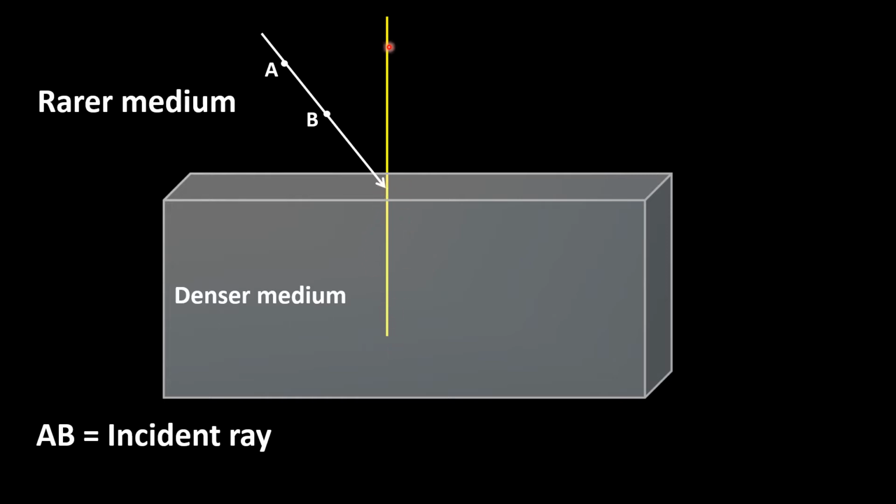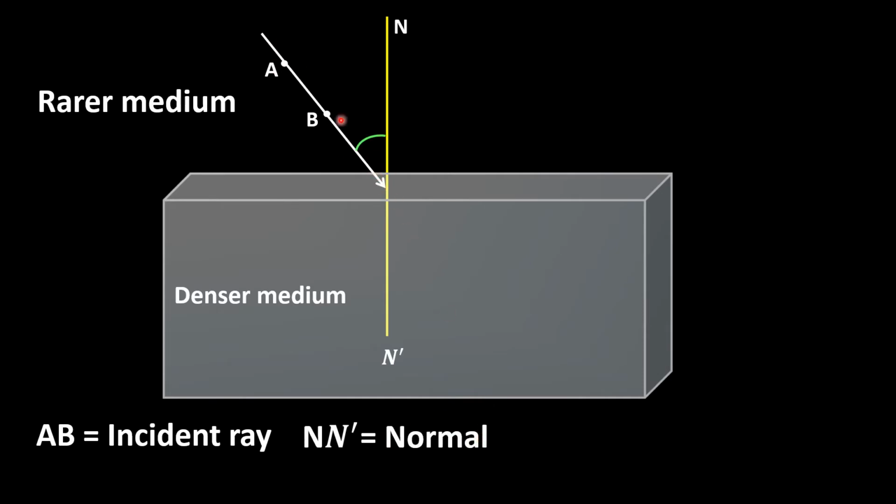This is the normal I have drawn, and when a ray of light travels from rarer medium into denser medium, it bends towards the normal. Here n dash is the normal drawn at the point of incidence, and this light ray is traveling from rarer medium into denser medium.